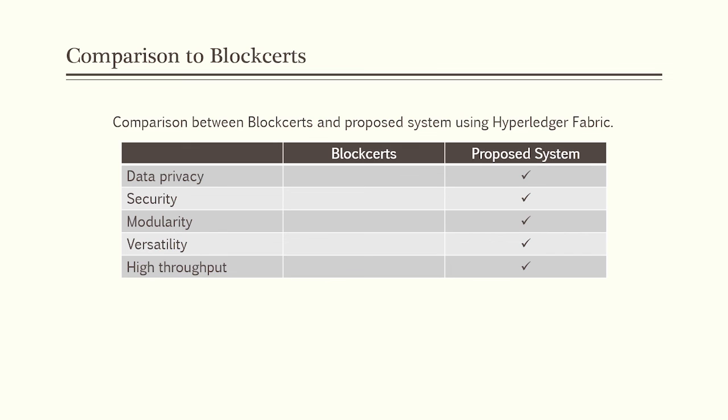And because in Hyperledger Fabric we can configure our consensus protocol or endorsement policy, it is more modular and versatile. The most important feature of Hyperledger Fabric is higher throughput compared to other public blockchains.